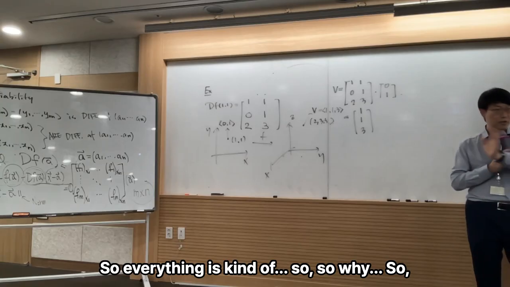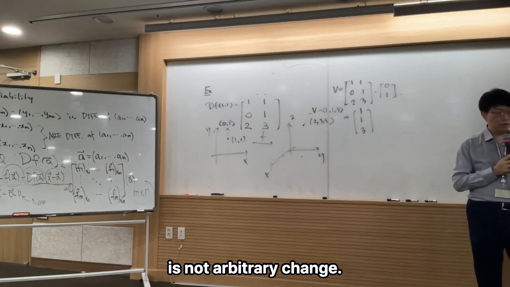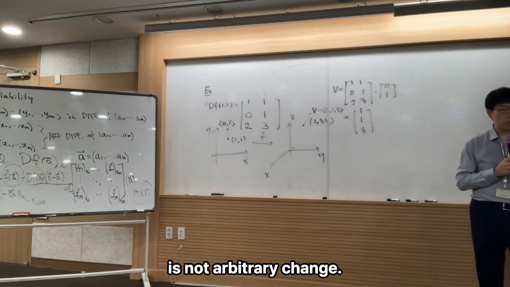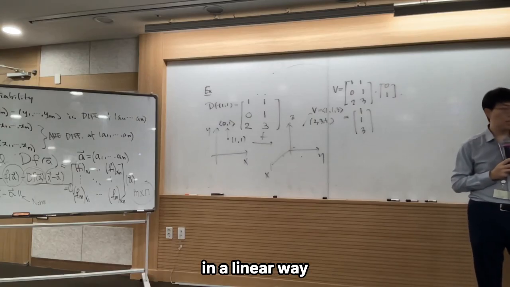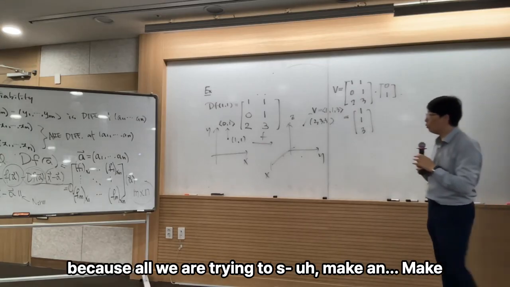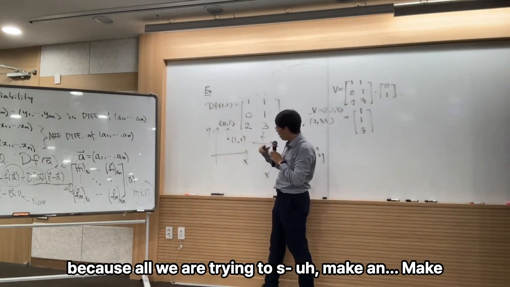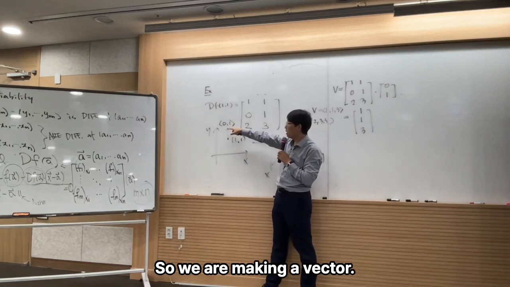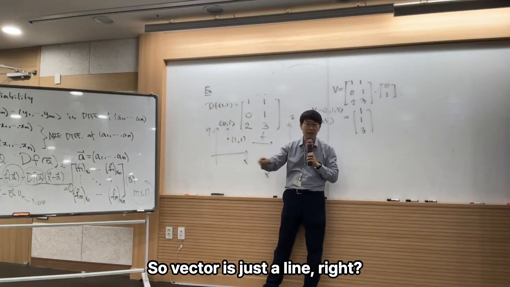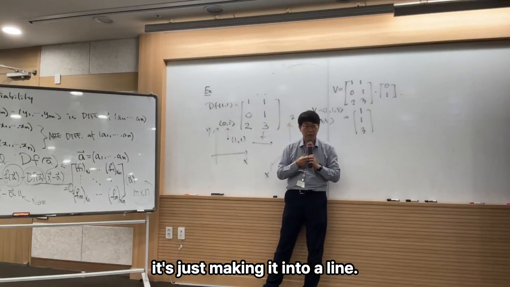So what we're doing here is not an arbitrary change. We are estimating the change in a linear approximation, in a linear way, because all we are trying to make as a change is a linear thing. So we are making a vector. A vector is just a line, right? If you vectorize everything, it's just making it into a line.